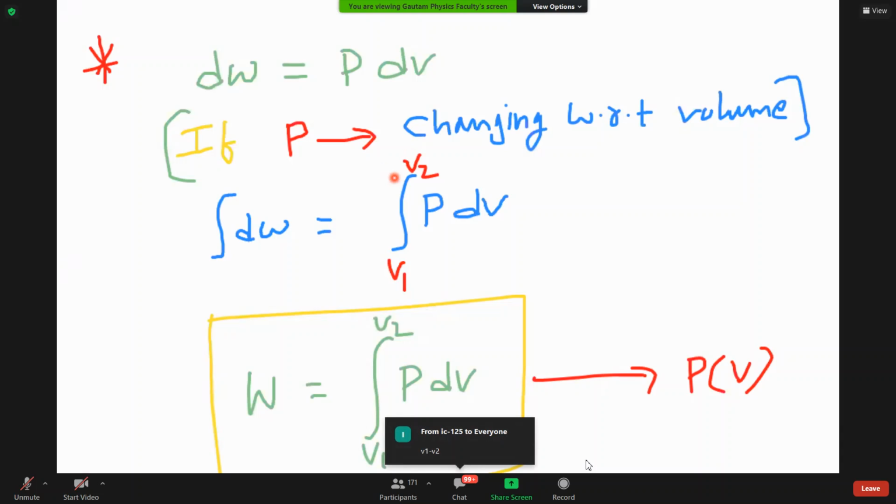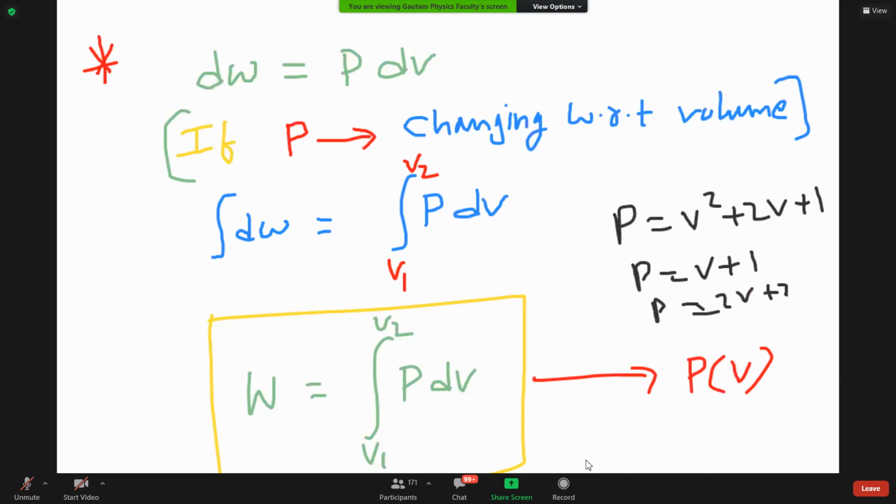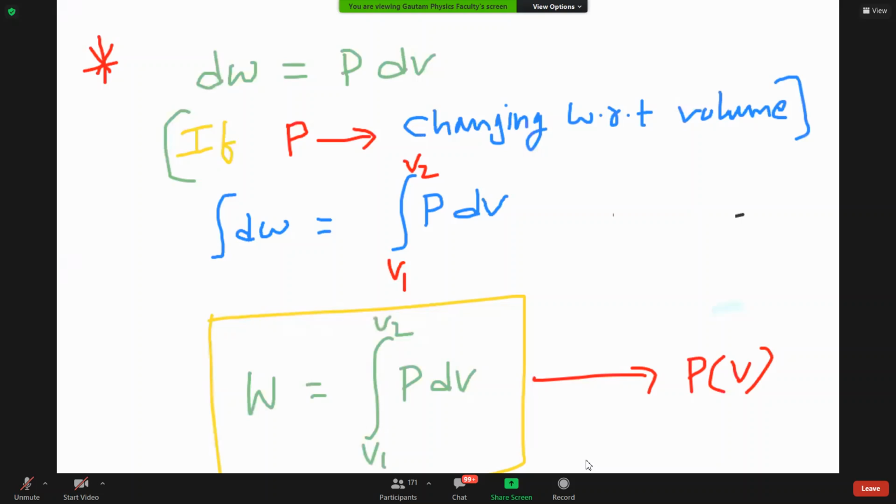We can't simply write V1 minus V2 here, because pressure is a function. In the exam they will give an expression, like P is equal to V square plus 2V plus 1, or P is equal to V plus 1, or P is equal to 2V plus 2. In place of P we replace that expression, and then we integrate.